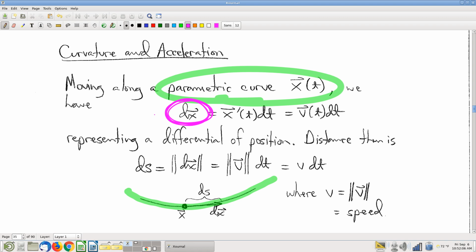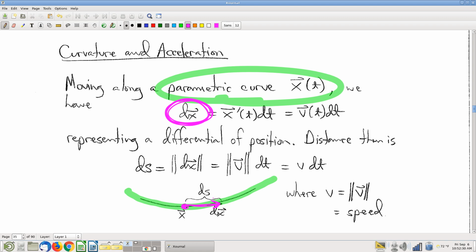It's just that now the output of the function is position. So it's the whole position, all of the coordinates of your position on the parametric curve. That's what a parametric curve is: position is a function of time. So dx is our linear estimate of your change in position on the parametric curve as a function of time.